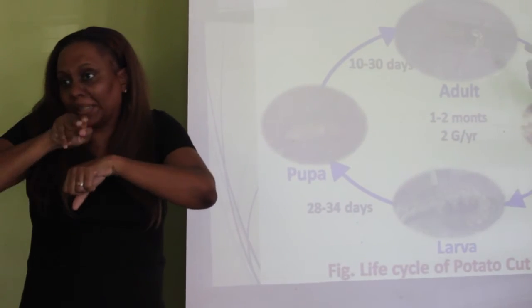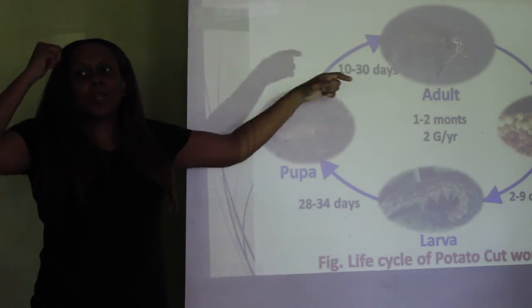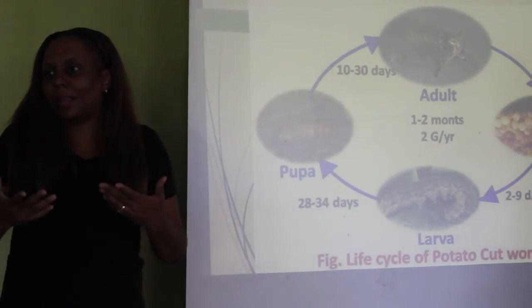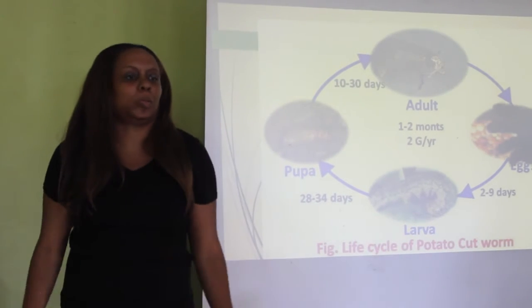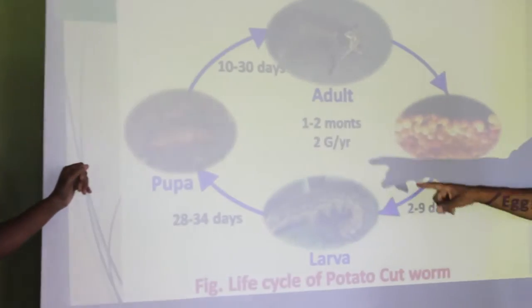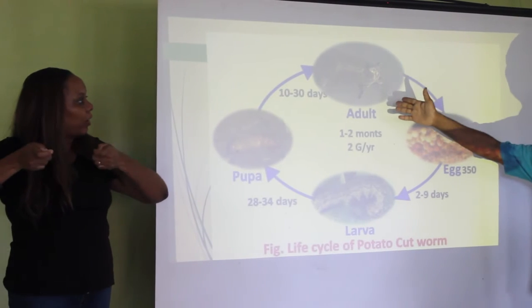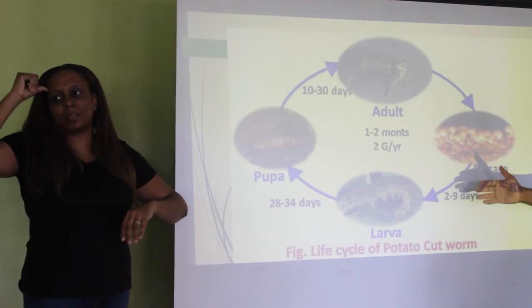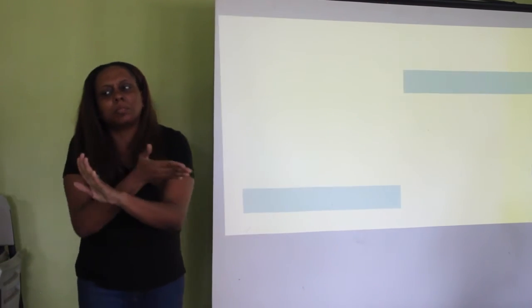So if you have 100 adult butterflies, do the multiplication, how many offspring you're going to have as the eggs, or how much larva you're going to have to affect you. And most, if not all of them, have about the same thing. So this is why you try to control, as in stopping the adult from coming to your property or even destroying the eggs before it gets to this stage.